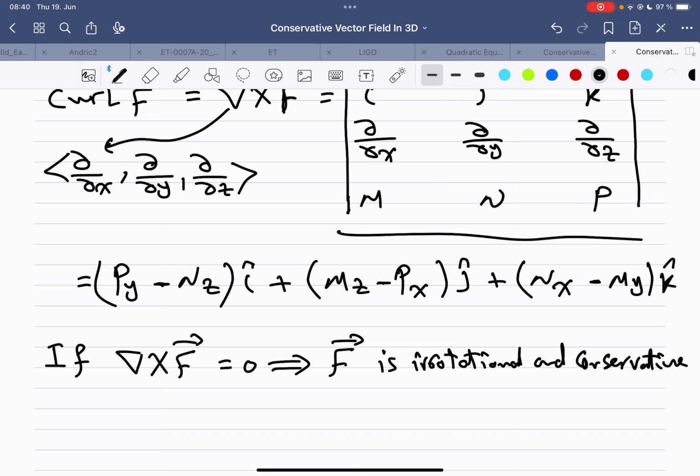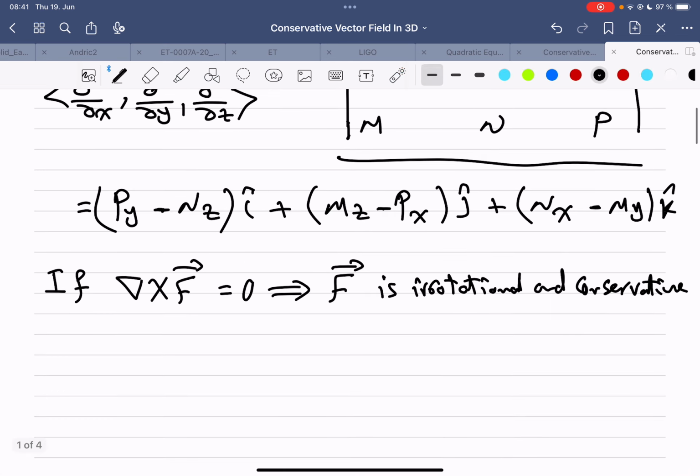So to check if a vector field is conservative, you need to check if curl of F is the zero vector. So curl of F is 0 when this is 0 and this is 0 and this is 0.